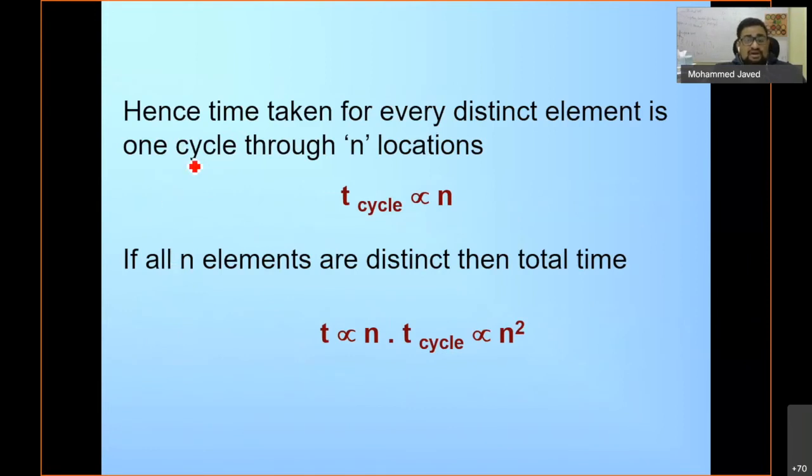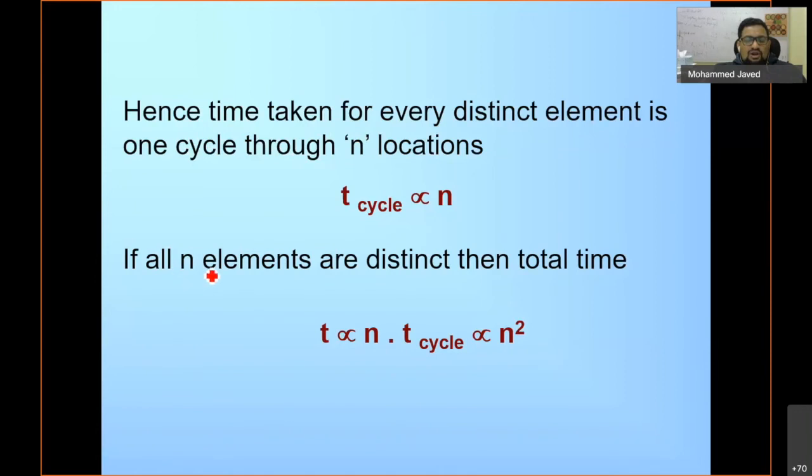Now let us see what will happen when all the elements in the array are distinct. The case containing all distinct elements is the worst case. So the time taken for every distinct element in one cycle through n locations, t cycle, is proportional to n.